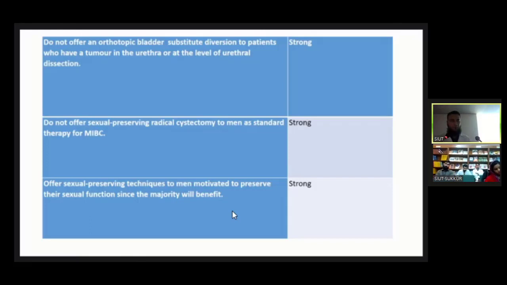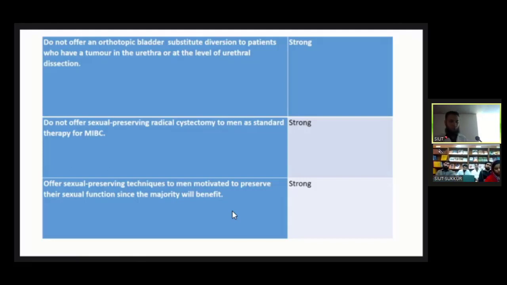If a patient comes to you, as Manzoor sir has said, at a younger age with muscle invasive disease, and wishes to have sexual function intact after such a radical surgery, the onus lies on you as a clinician or responsible person.